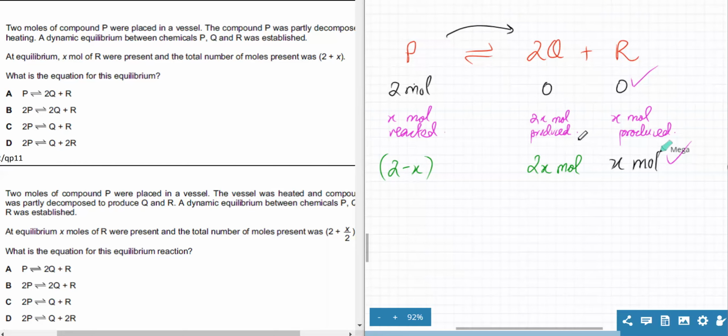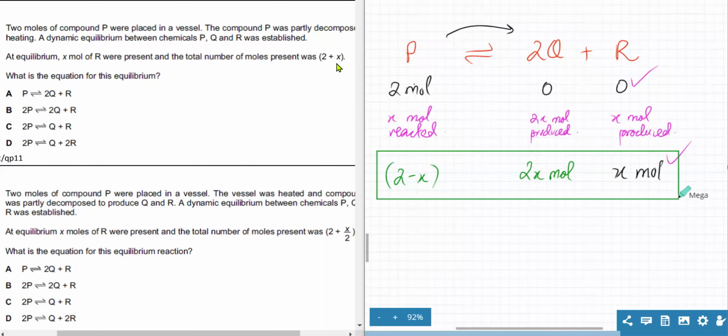So I finally figured out the moles of the reactants and the products at equilibrium. These are the moles that I'm getting. But are these the right moles? Because the question had stated that the total number of moles present at equilibrium was 2 plus X. So if I sum them all up, I'm not going to get 2 plus X. If you sum them up, what do you get?